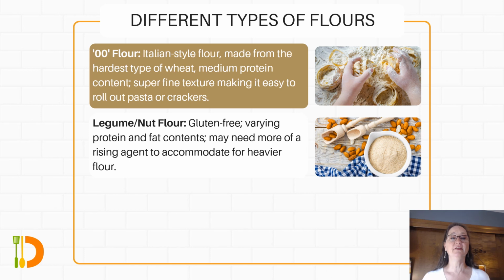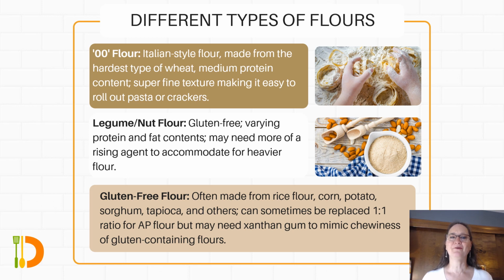Next, we have legume or nut flours. These are gluten-free and contain varying amounts of protein and fat, and may need more of a rising agent to accommodate the fact that it's a heavier flour.